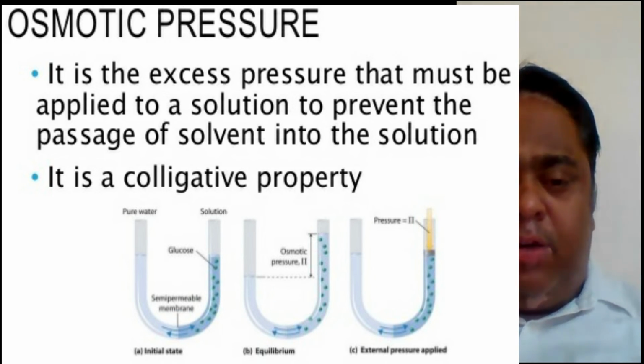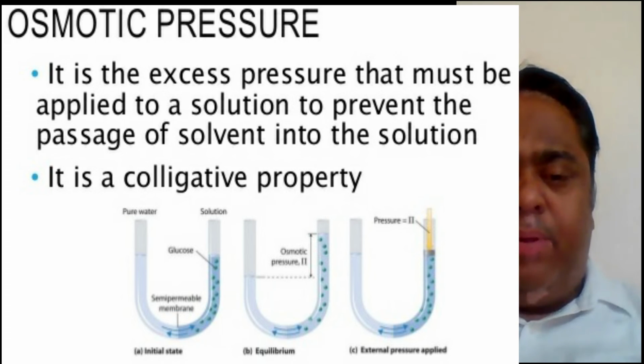For example, when we put raisins or kismis in water, the kismis contains lots of sugar in it, so it is a high concentration zone, whereas the water in which we put it is a low concentration zone. So what happens? Water enters inside the raisin, or dried grape, through the peel of the raisin, because it is semi-permeable, till the raisin swells up to its maximum limit.